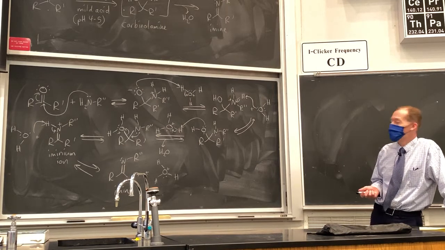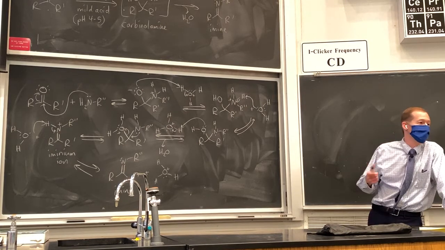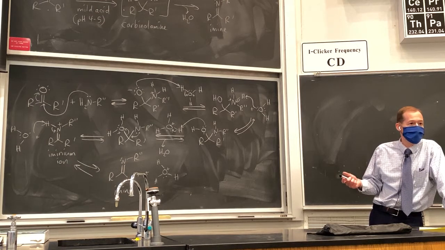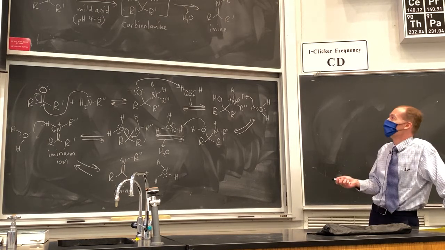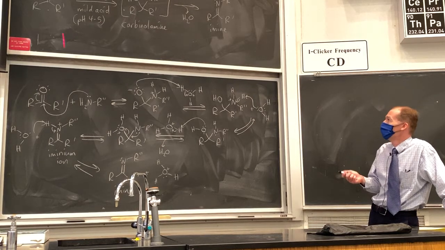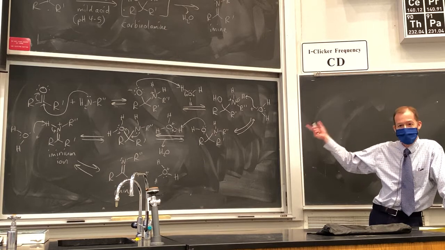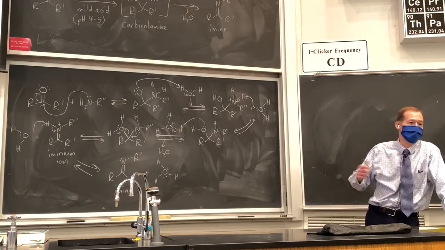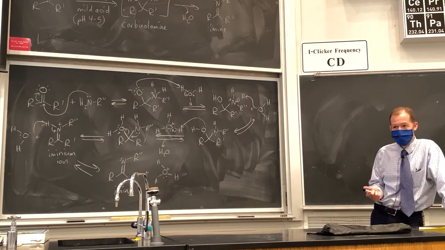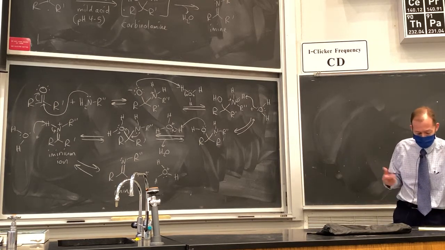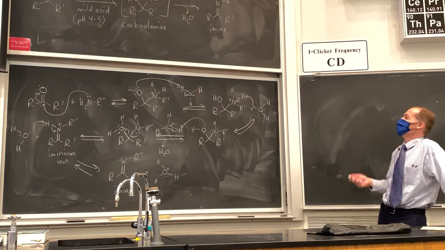That's easier said than done because we're using water in some of these steps. So usually the most practical way is to have excess of one of the reactants. If we have excess amine, then that's usually going to cause us to form the imine from our aldehyde or ketone.